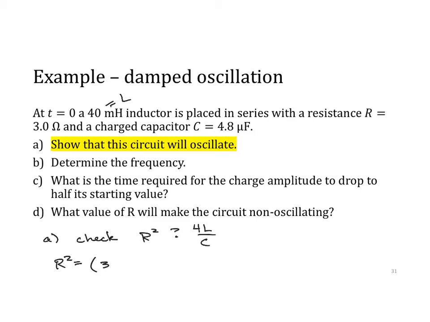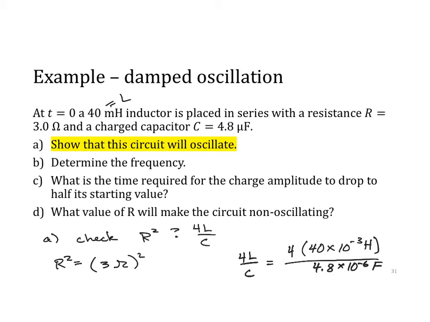we're just going to take those 3 ohms and square them. 4L over C, we are going to take 4, and we want to make sure we're in the right units. So 40 millihenries is going to be 40 times 10 to the minus 3 henries. And over C, that's going to be 4.8 times 10 to the minus 6 farads.